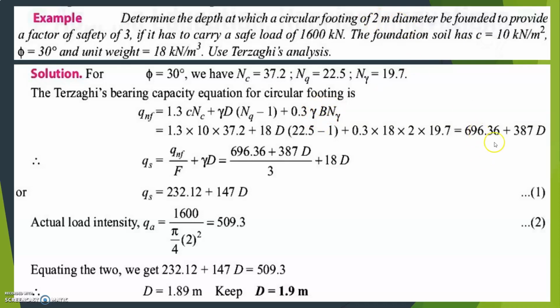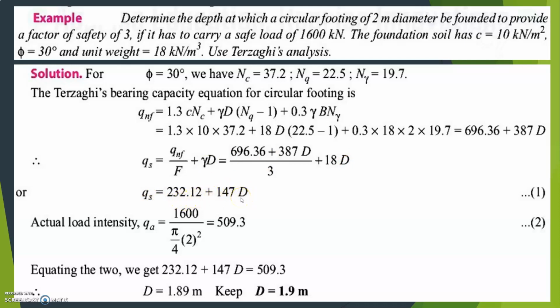Simplify this, you will get 696.36 plus 387 D. Now the safe bearing capacity: the net bearing capacity is already found out, so directly you can calculate safe bearing capacity, that is QNF divided by F plus gamma D. Substitute QNF value 696.36 plus 387 D divided by factor of safety 3, plus gamma into D, gamma is 18, D we don't know. So simplify this, you get QS is equal to 232.12 plus 147 D.